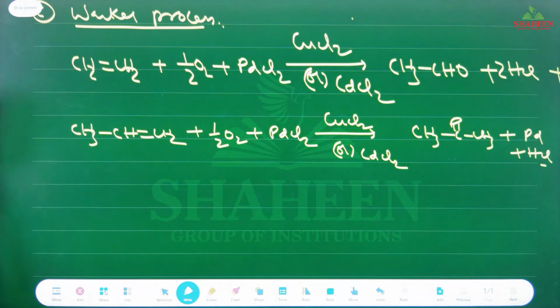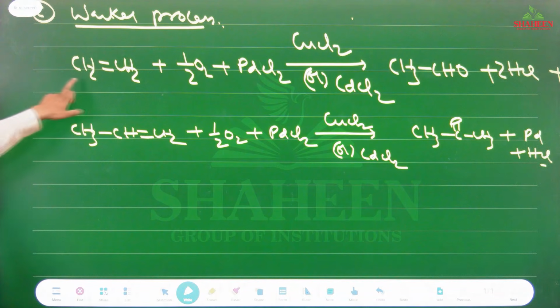In this way we can get the products. Aldehydes or ketones can be prepared. Ethylene gives an aldehyde and the remaining alkenes give ketones by this reaction. This is the Wacker process.